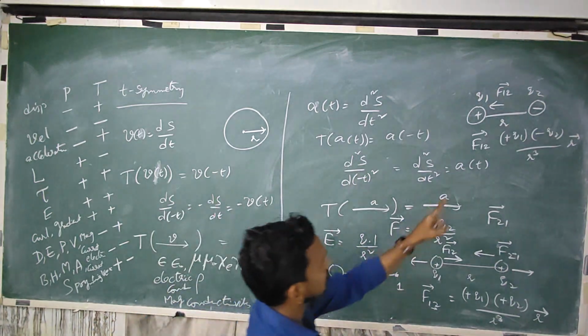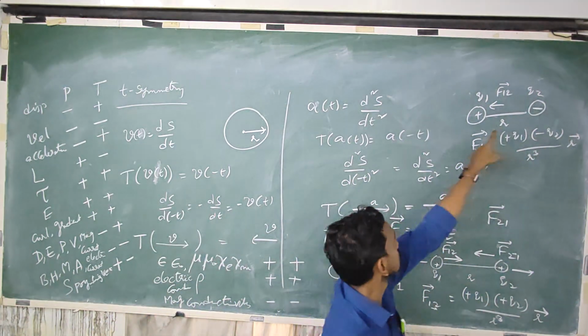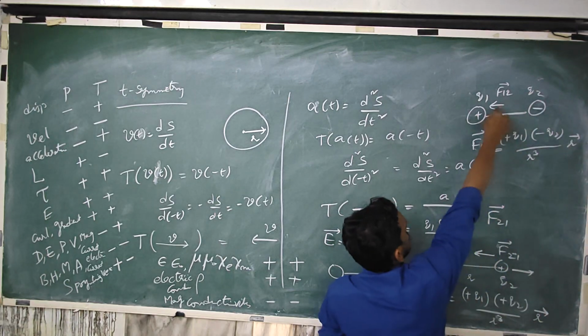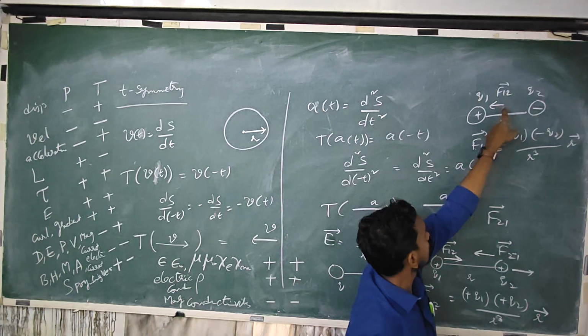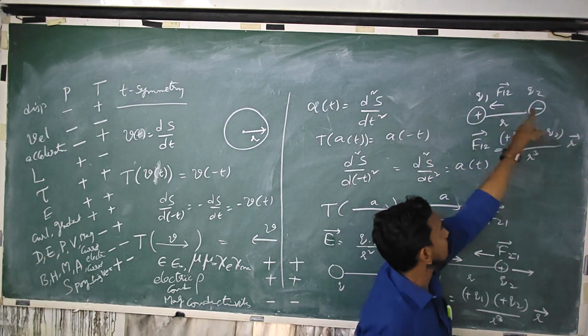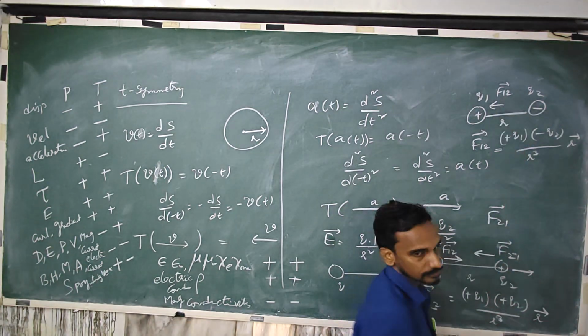And the negative sign is coming because of the sign of the charge. So ultimate result F12 is directed towards Q1. So it is a force produced by charge 1 on Q2.